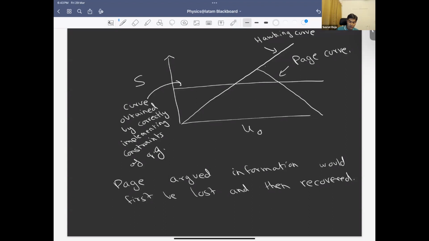What does the Page curve say? The basic mathematical argument in the Page curve is the following. Take a system and divide it into 2 parts, one which has n degrees of freedom and the other which has m, so that the total number of degrees of freedom is nm.